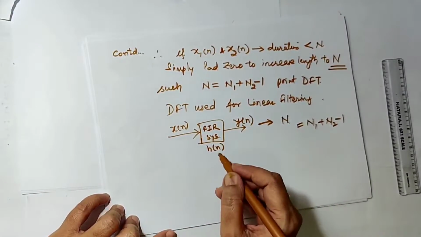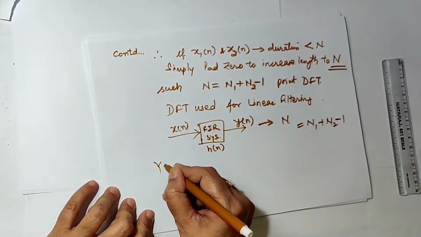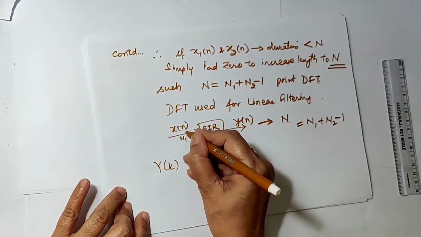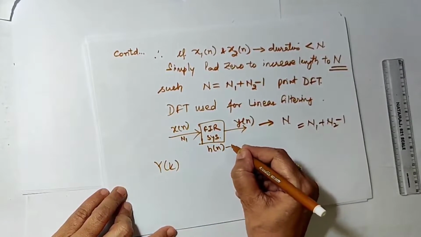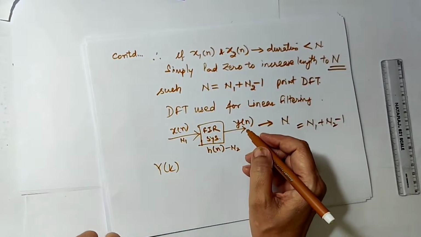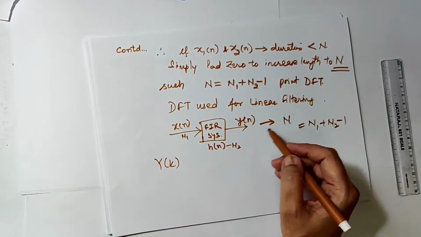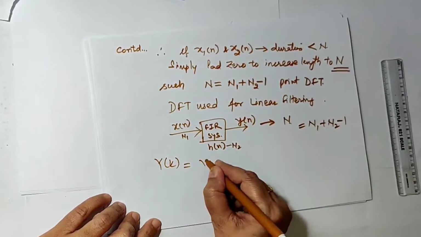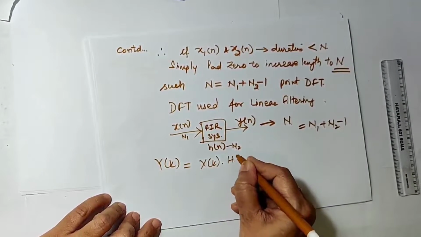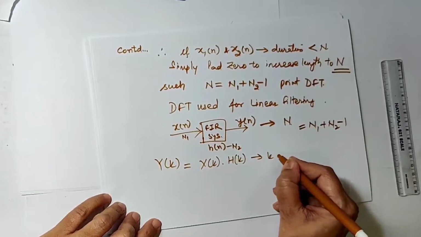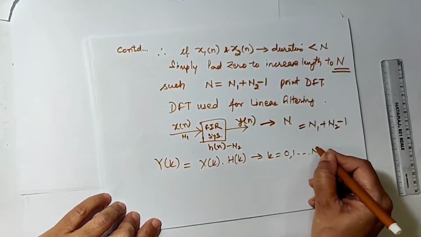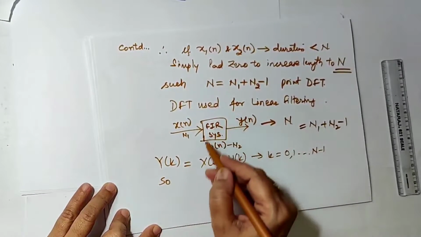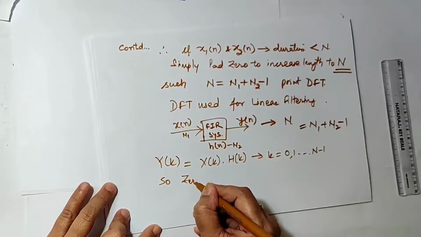So Y(k), as we are taking the product of two sequences, is the output response, where N1 is the sequence length of x(n) and N2 is the sequence length of h(n). So what would be the y(n) length? It will be N. So Y(k) is X(k) into H(k) for k equal to 0, 1 to N minus 1 by the definition. So we are getting this by the zero padding method.